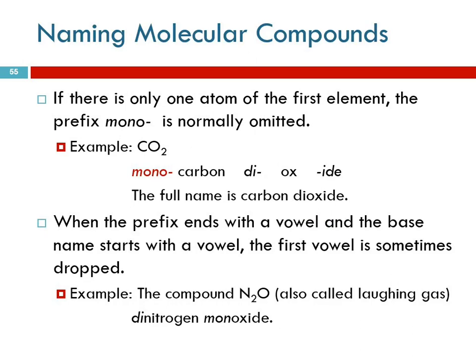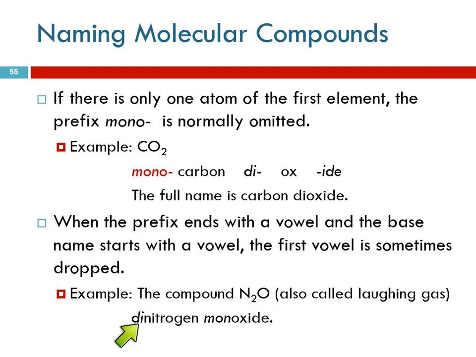If the prefix ends with a vowel and the base name starts with a vowel, sometimes we drop the vowel. Now, I will not try to trick you on this. I'm giving you multiple choice exams, and I will not trick you with this in the choices. So this compound, N2O, is commonly known as laughing gas.